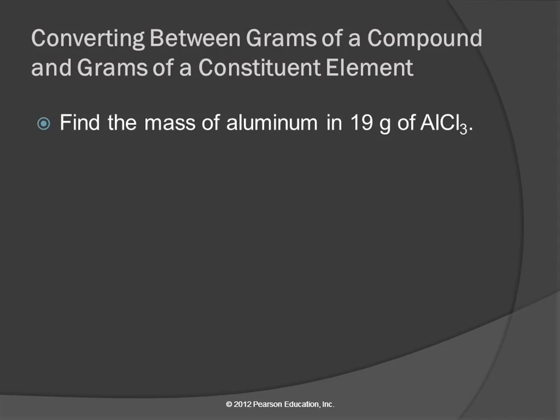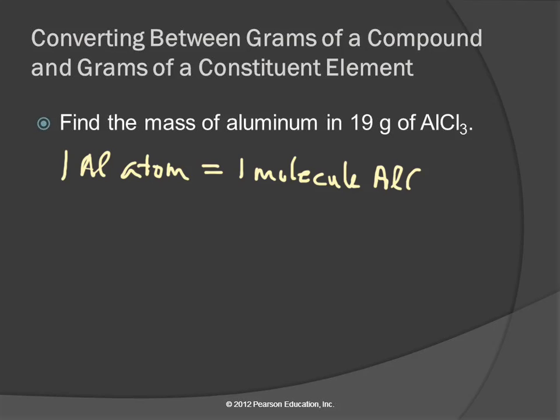So let's go back and do this problem. Find the mass of aluminum in 19 grams of aluminum chloride. This formula tells us that there's 1 aluminum atom in every 1 molecule of AlCl3.